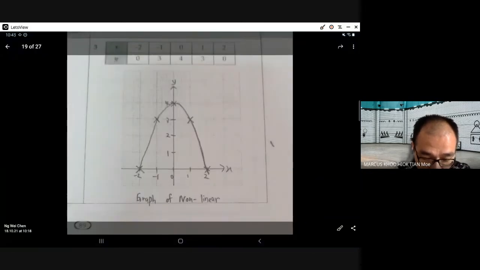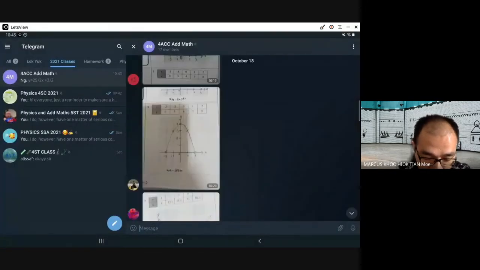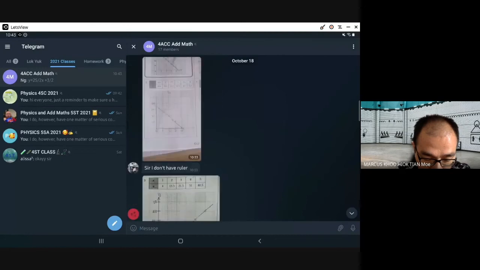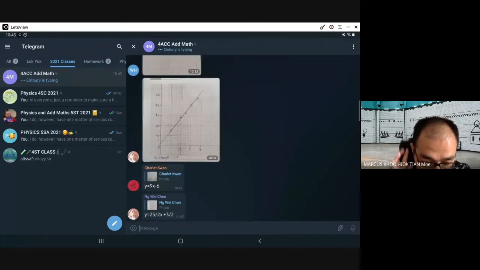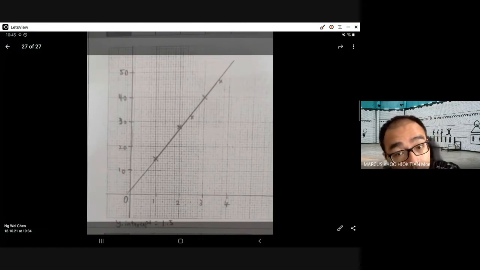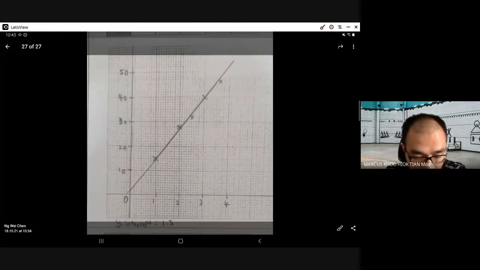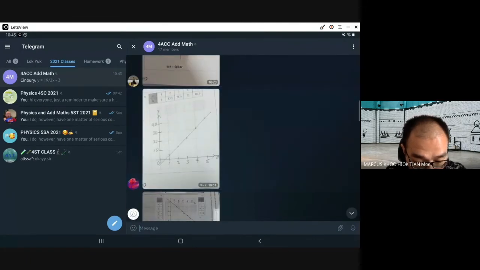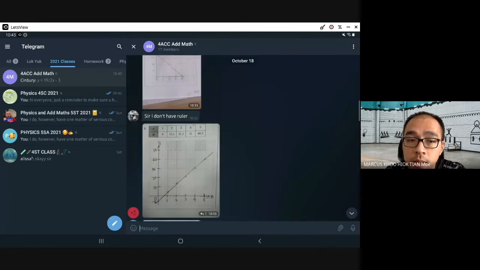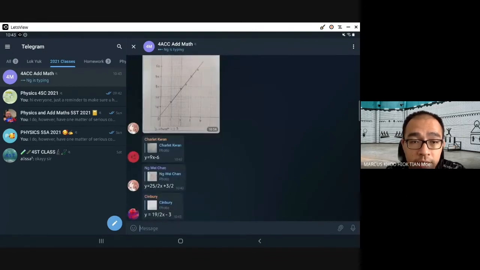Oh no, this is not. Wait. Which one is this? Oh, this one. Okay, the 3 over 2 is correct, but I'm not sure about the 25 over 2. 19 over 2x minus 3. Doesn't Sinbury and Charlotte have the same question?